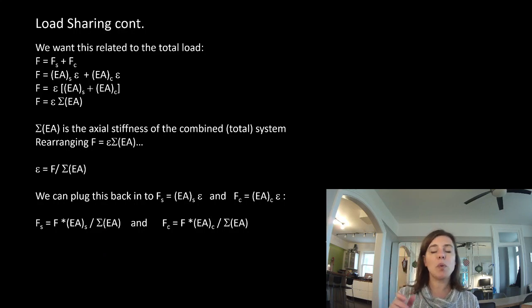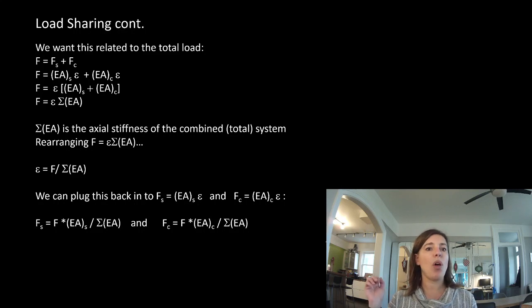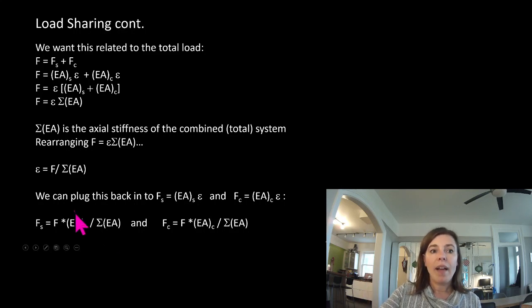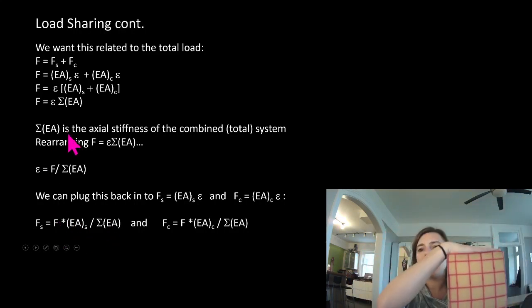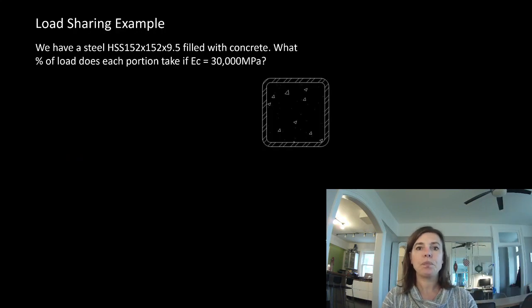And this is a concept we do with resistors, we do it with all kinds of things, where this is the ratio of the stiffness of one part versus the total part. And then that is just the total force. But we determine this with that basic principle that they must be moving together.